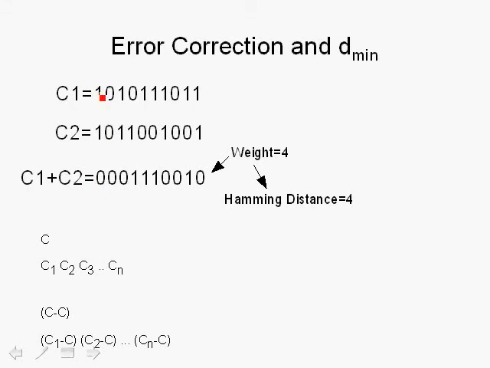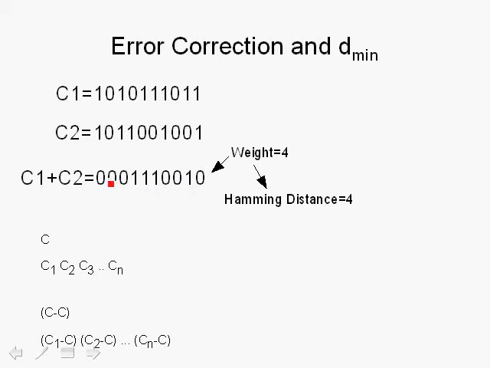If we do that, 1 exclusive OR 1 gives you 0, 0 0 gives you 0, 1 1 gives you 0 again, 1 0 gives a difference between the two code words. At this bit position you get a 1, no difference here, so that's 0, and you have a difference here, so 1, 0.